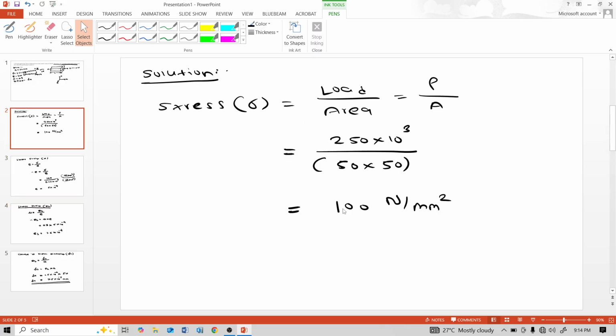Stress is 100 Newton per mm square for this load, 250 into 10 raised to 3, axial tensile load.